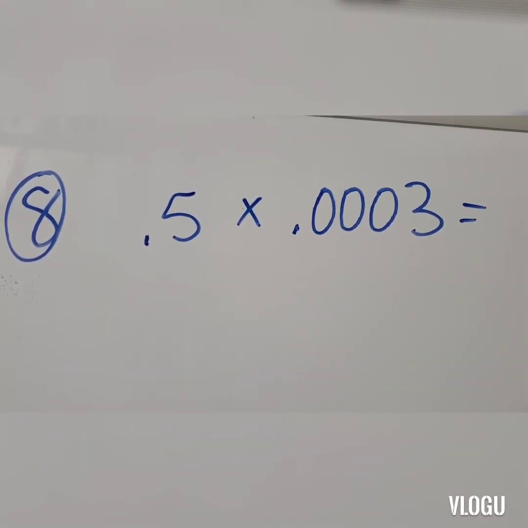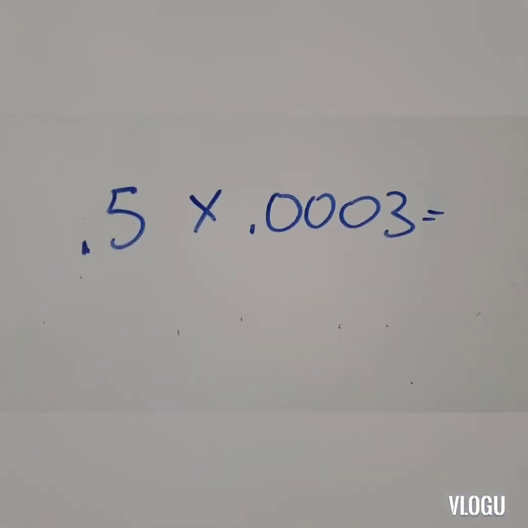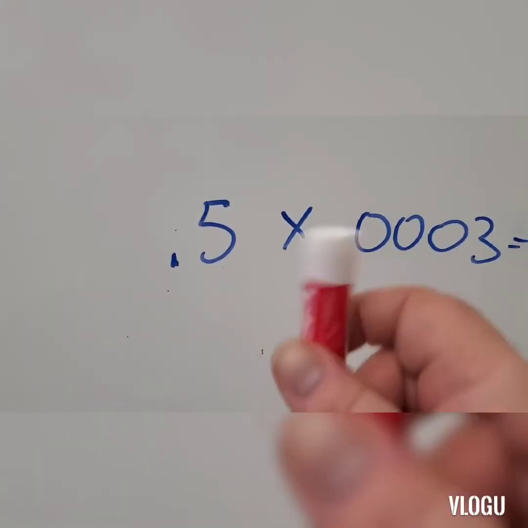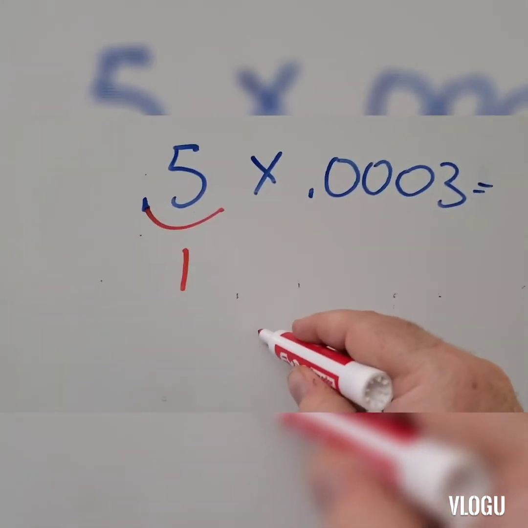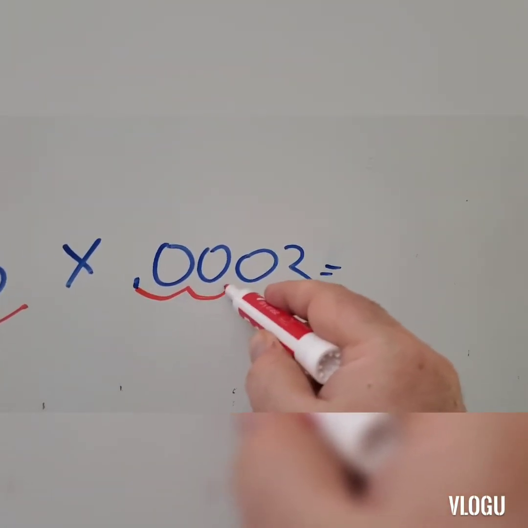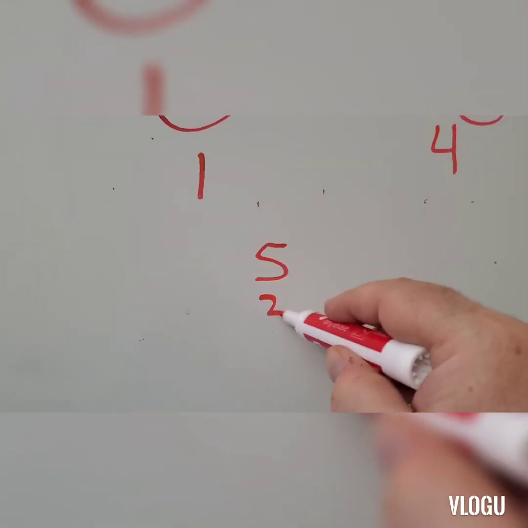Number 8. When we took a look at number 8, our math is not going to be a challenge. We just need to move the decimal 1 spot here to make it a 5. The decimal gets moved 1, 2, 3, 4 spots here to make it a 3.